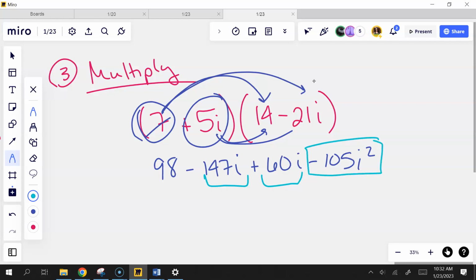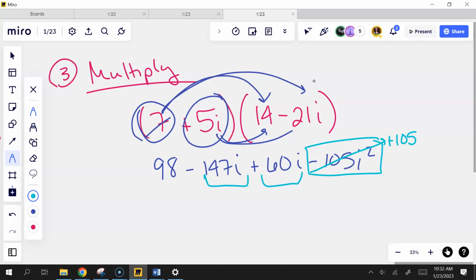I've got an i squared, and anytime I see an i squared, what do I do with that? i squared is the same thing as what? Negative 1. That's exactly right. So this actually becomes positive 105 without an i on it, because that's what i squared does. i squared only changes the sign of the number and goes away.